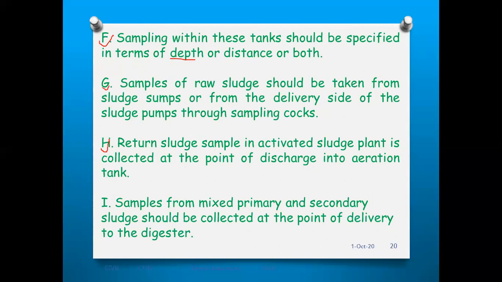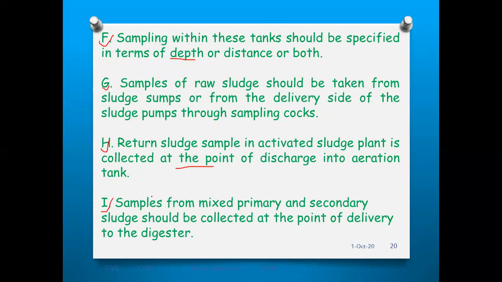So the other method is that return sludge sample is collected at the point of discharge. There is also another way of doing the process. Next, samples from mixed primary and secondary sludge should be collected at the point of delivery to the digester. So we can take samples where there is a mixing of primary and secondary sludge.